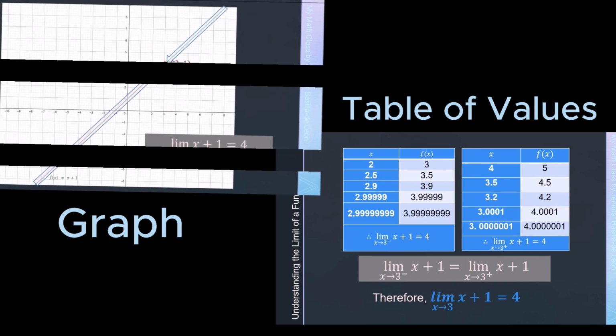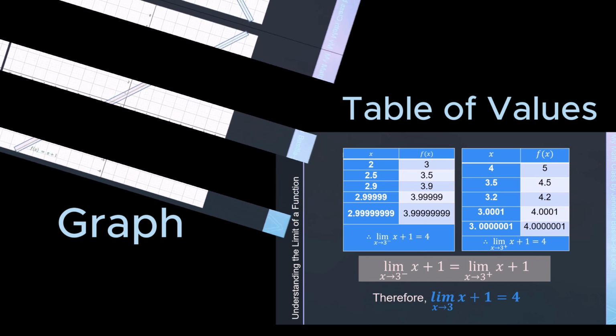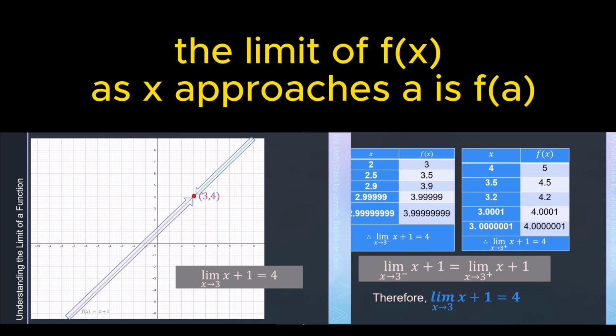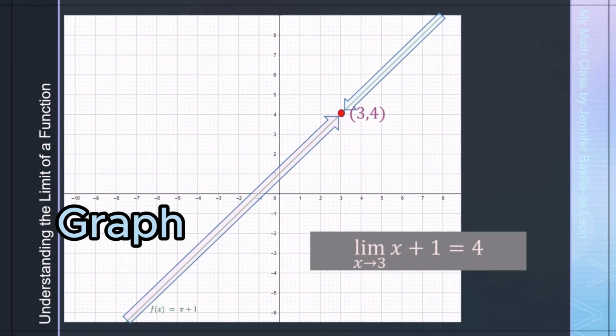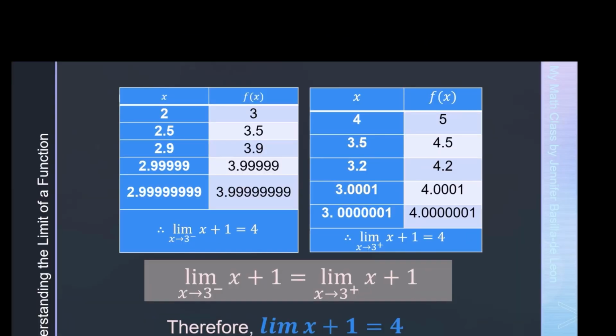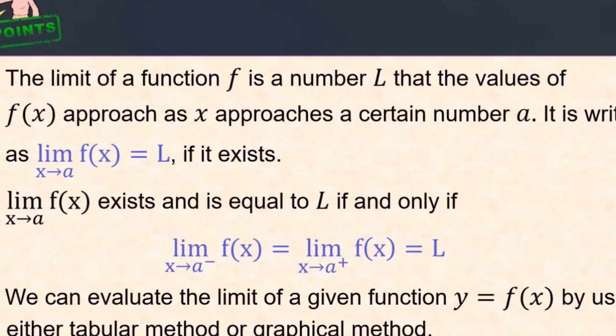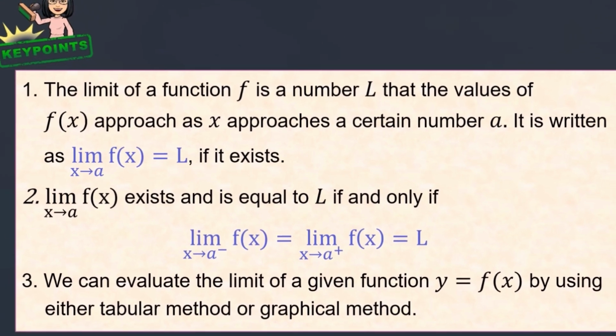In this example, the limit of f of x as x approaches a is just f of a. With this, we can get the limits of the function either using the graph of the function or using the table of values. From this, we can have the following key points.